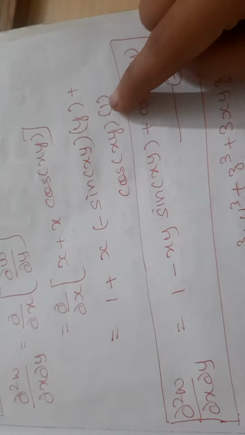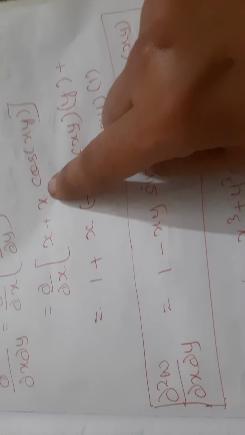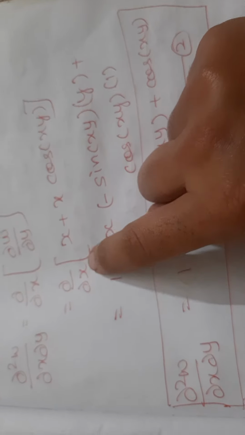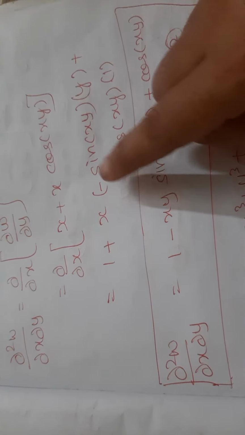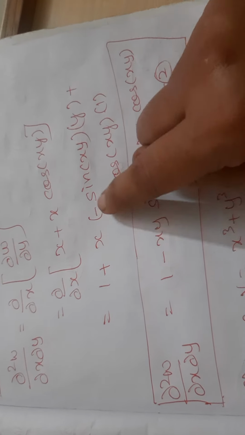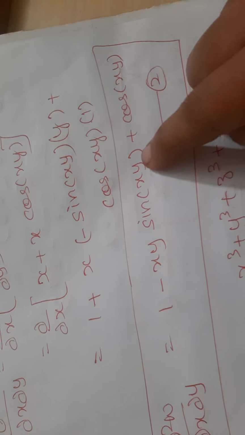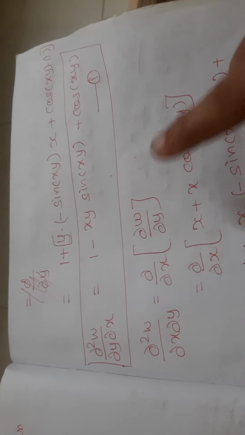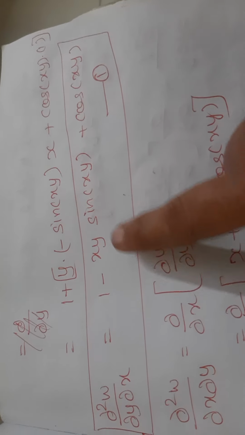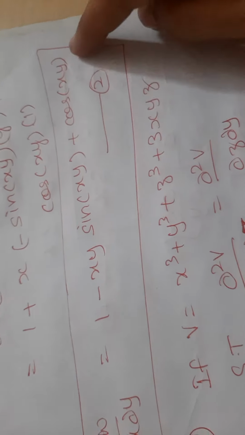First term you want to differentiate, so 1. Differentiation of x with respect to x will be 1. So 1, this minus I am bringing here, so 1 minus xy sin xy plus cos xy. Just look at the first equation, 1 minus xy sin xy plus cos xy. Here also 1 minus xy sin xy plus cos xy.